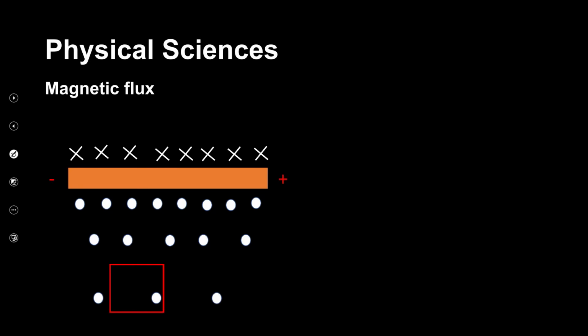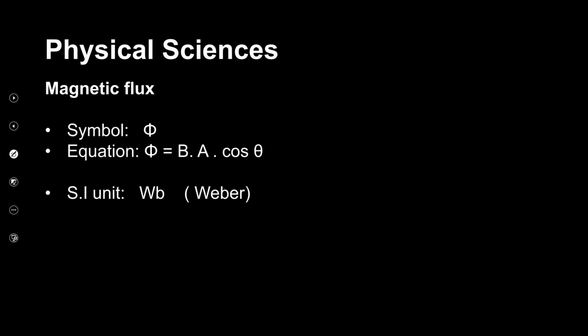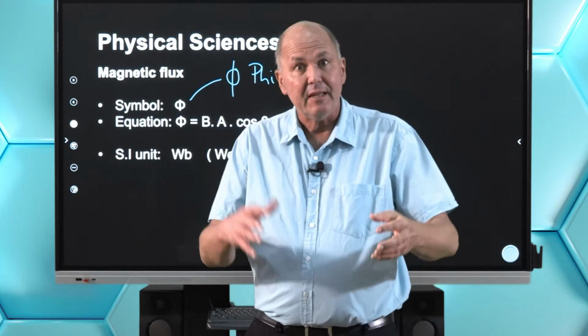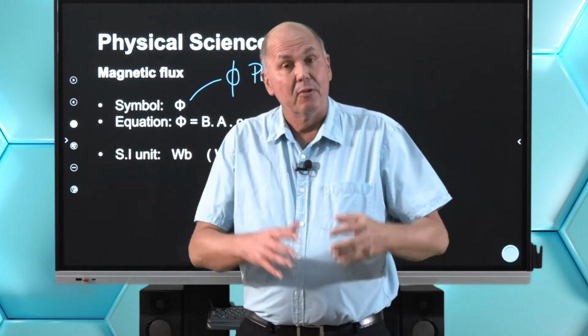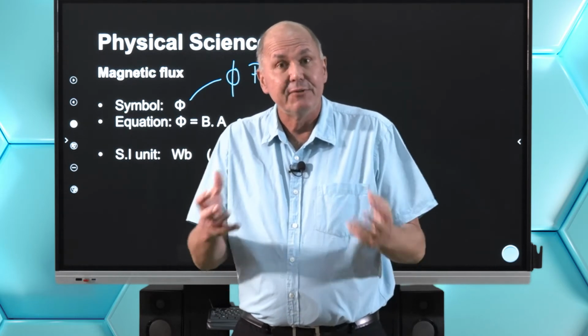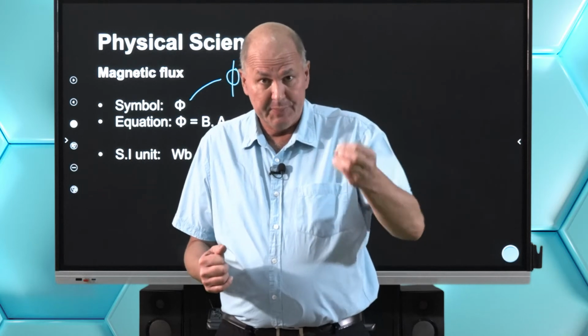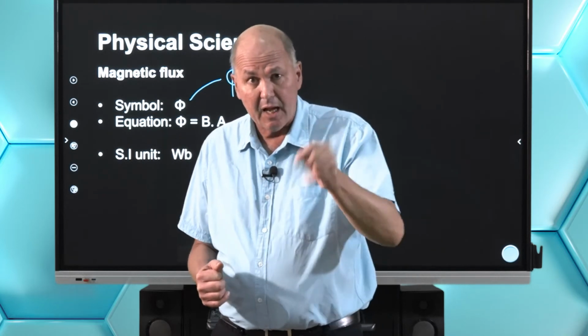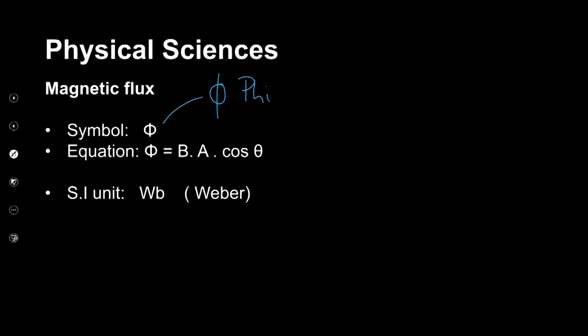So let's formally define magnetic flux. Magnetic flux has an interesting symbol. It's this strange looking Greek letter, which is called phi. You might have heard of pi. This is phi. Quite similar, but just a different shape. And you need to be able to recognize how to draw it and to make it clear.